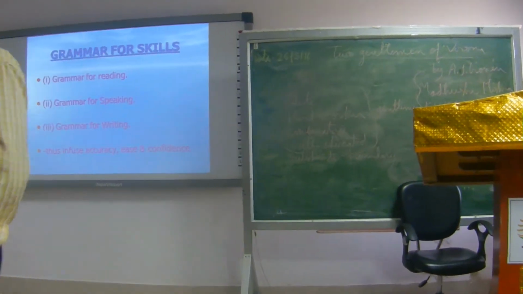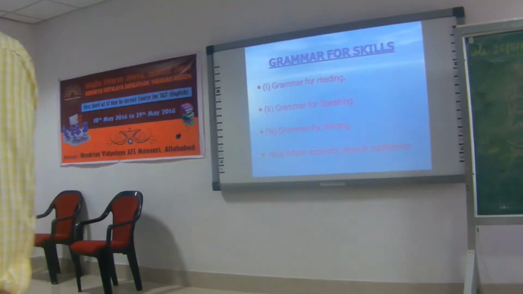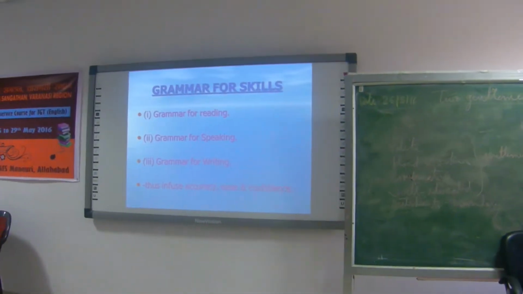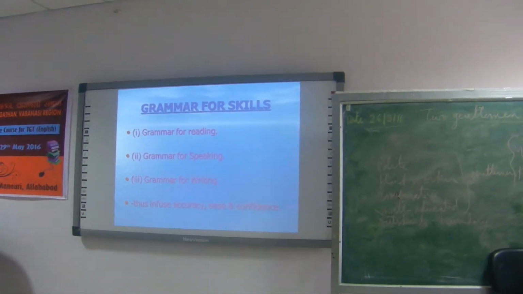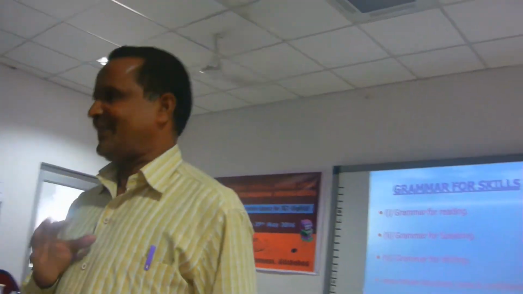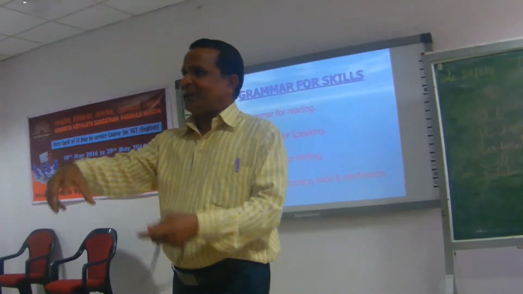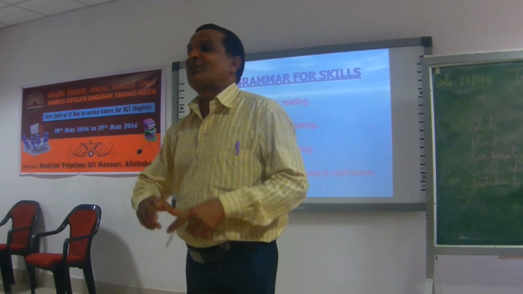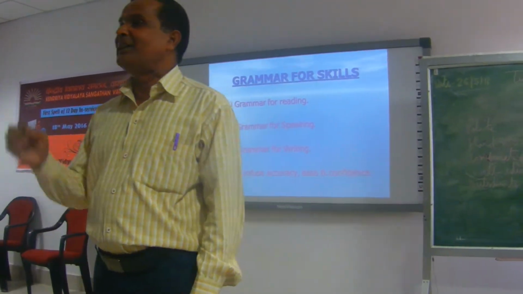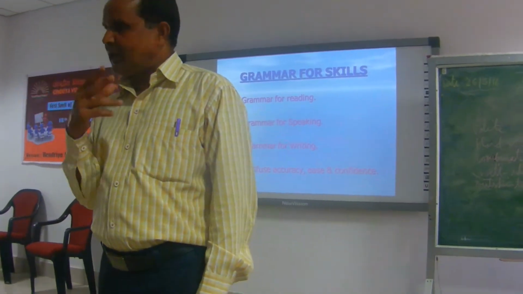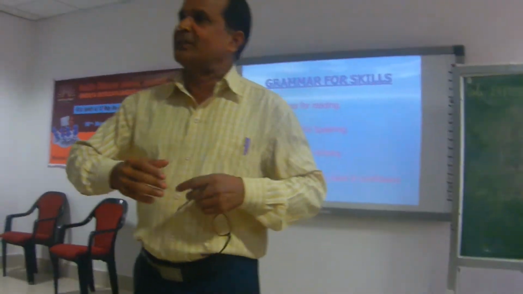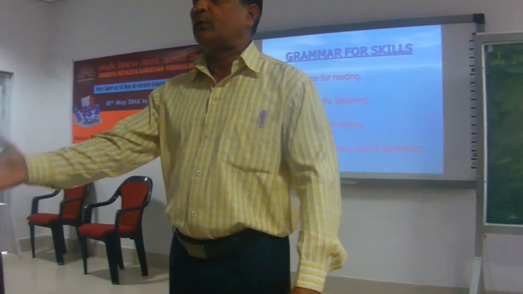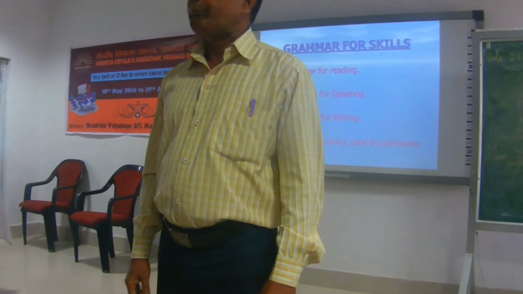When there is a reading passage in the examination hall, the student is running through to get the answer. They guess the answer, and they pick that portion of the passage and they write. Sometimes they write such a longer answer, though it is not required. Only one line or one or two sentences are required, but they write 4 or 5 lines because they are not confident about the accuracy of the answer.